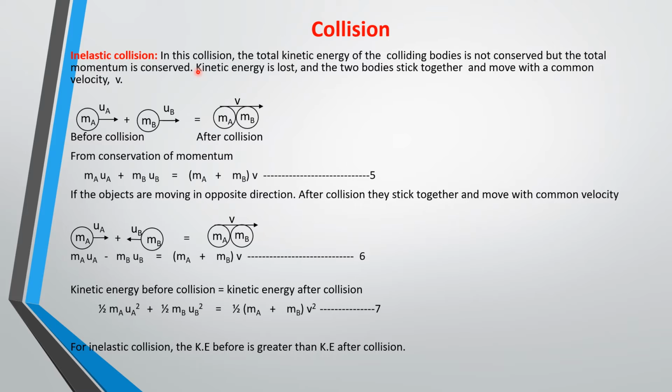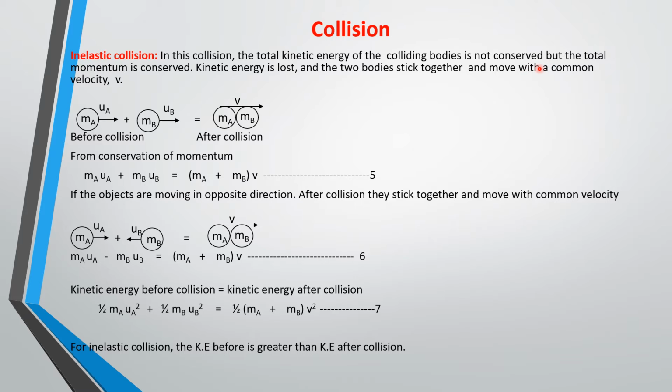In this type of collision, kinetic energy is not conserved, but momentum is conserved. That is the difference between the two. Kinetic energy is lost and the two bodies stick together and move with a common velocity v, but their total momentum is conserved.